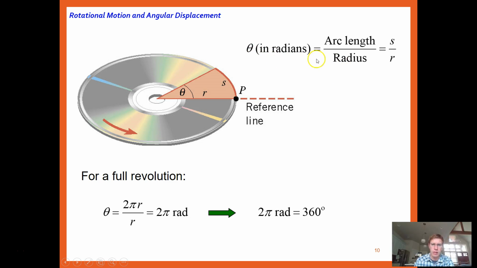That's why we use radians, because it's relating the radial distance to the circumference distance, or the arc length. Okay, so don't forget, radians is just arc length s divided by the radius r, and we know that there's 2 pi radians in one full circle, so 2 pi radians equals 360 degrees.